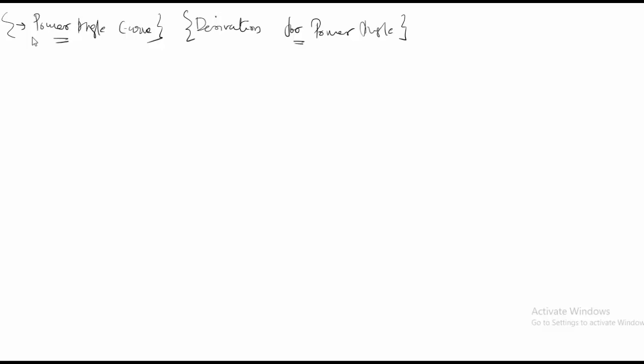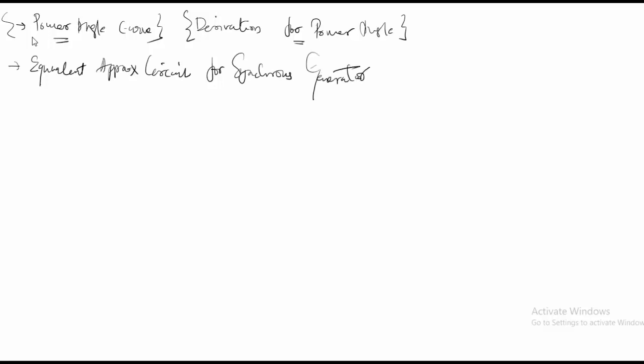Whatever derivation we have done, we also found out how to draw the equivalent approximate circuit for the synchronous generator. These are some of the things which were derived in the previous lectures.